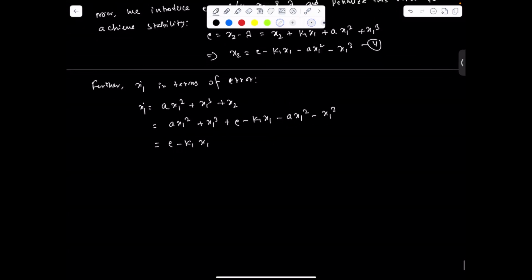So if you notice, this x1 dot dynamics is written in terms of error and the x1 variable. We denote this as equation number 5.